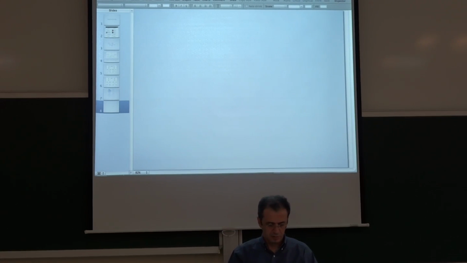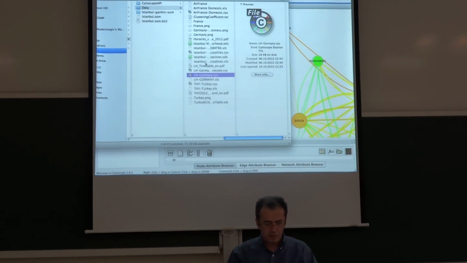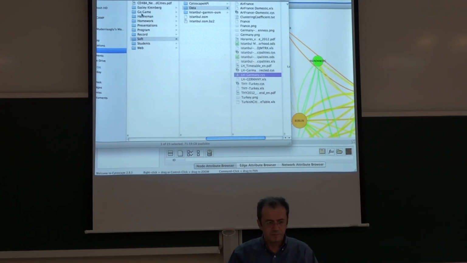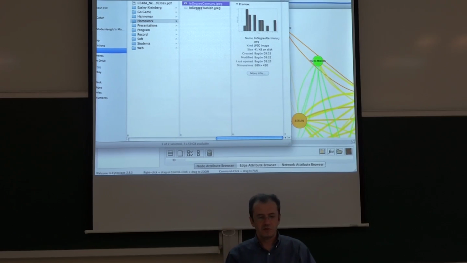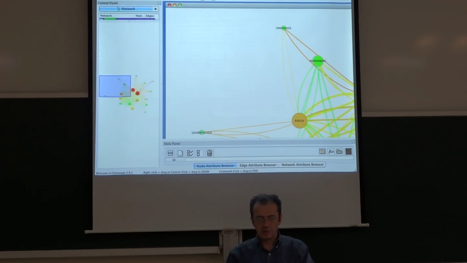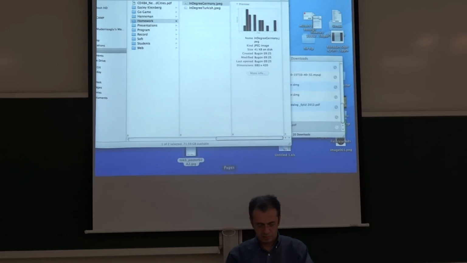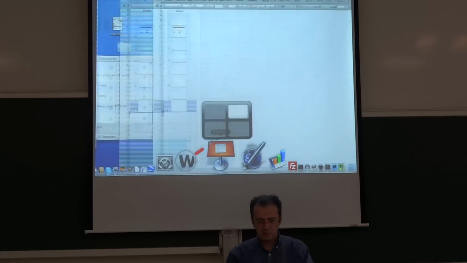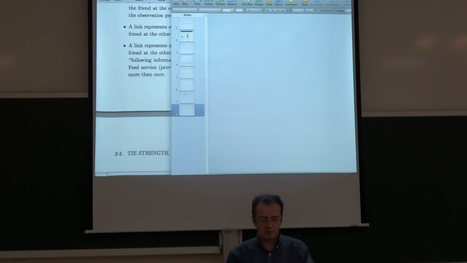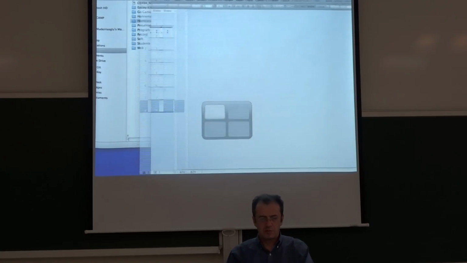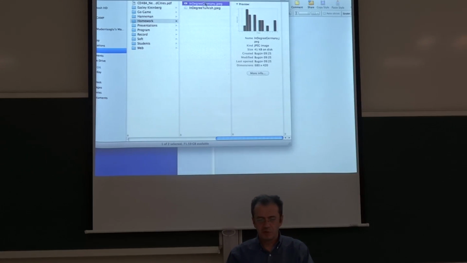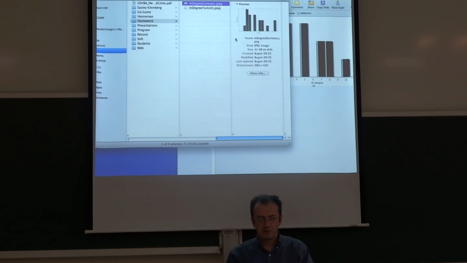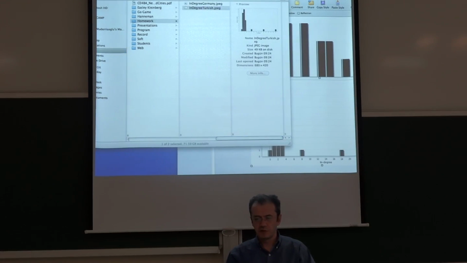I copied the pictures. I want to be able to compare them, so I will carry them into here so that I can compare them.